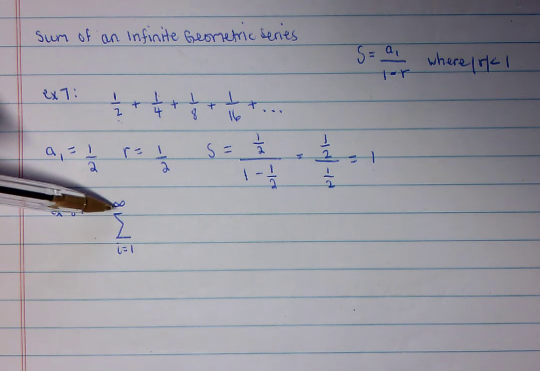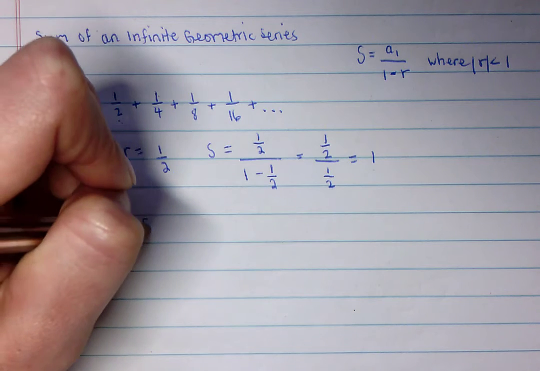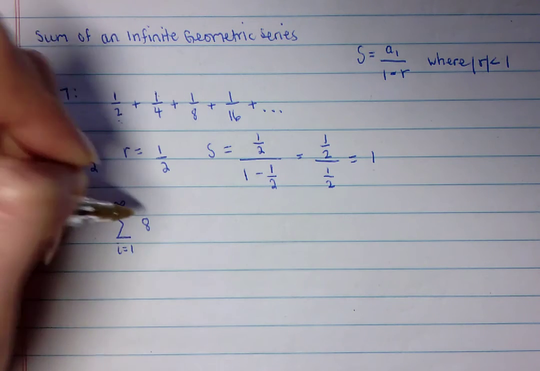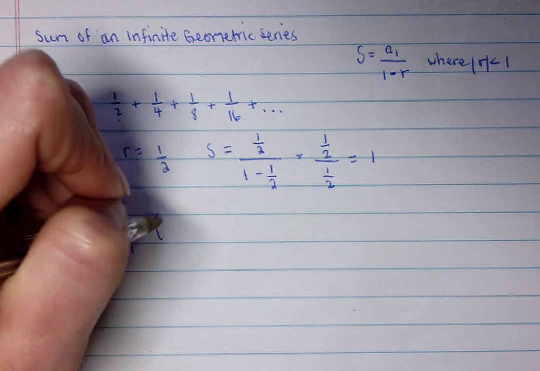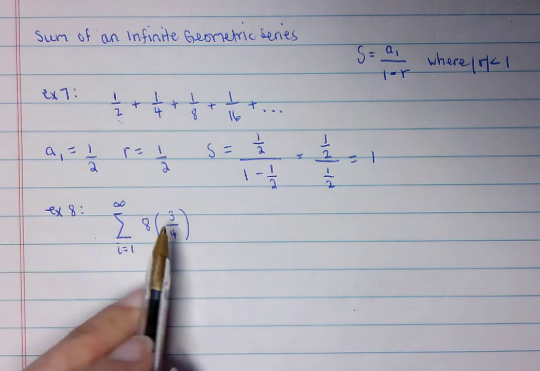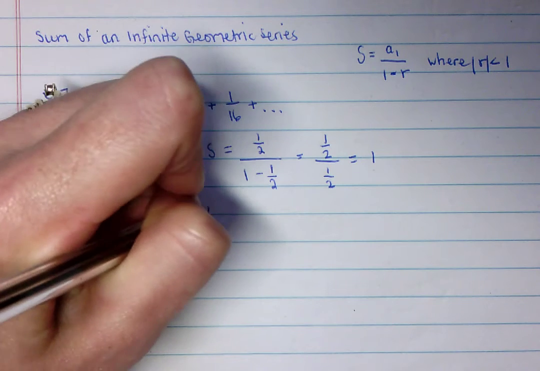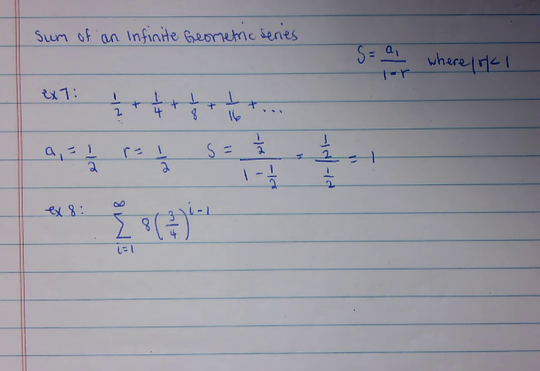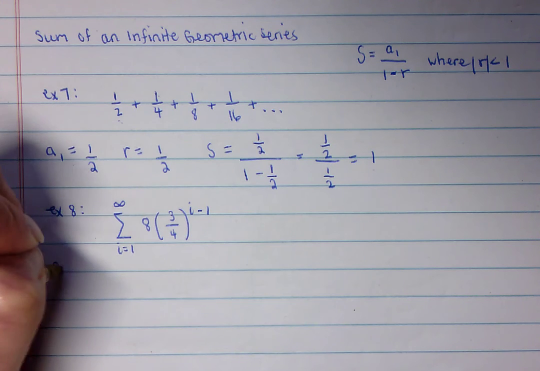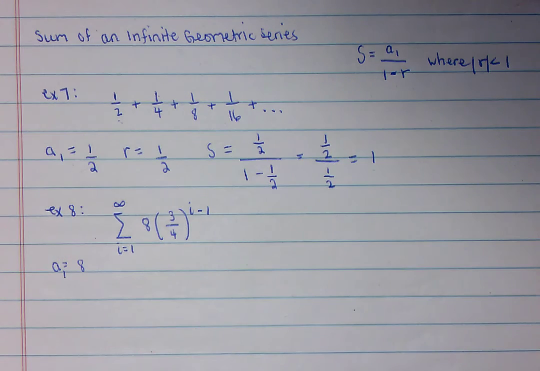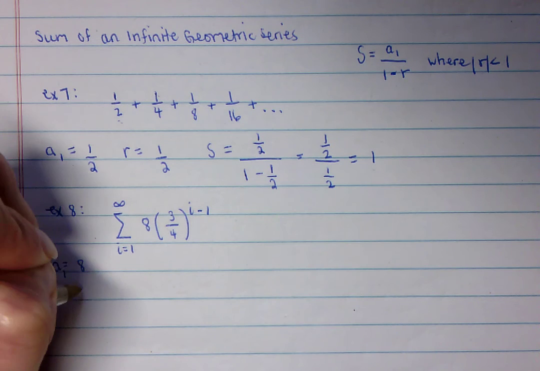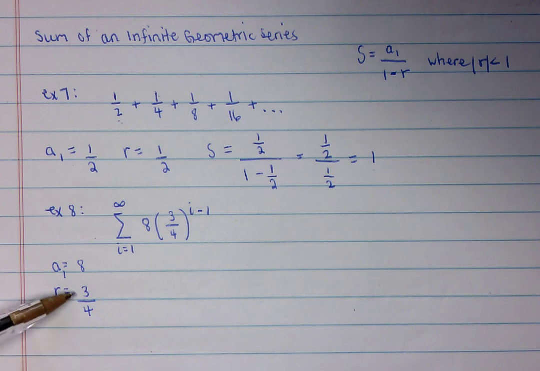Here you've got the first number, a sub 1, and then this is the r, our common ratio, raised to the i minus 1. So this is an infinite geometric series with the first term equal to 8 and the common ratio 3/4, which is less than 1. So we know we can find the sum for this one.